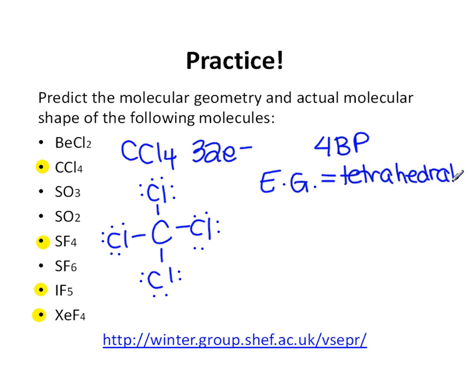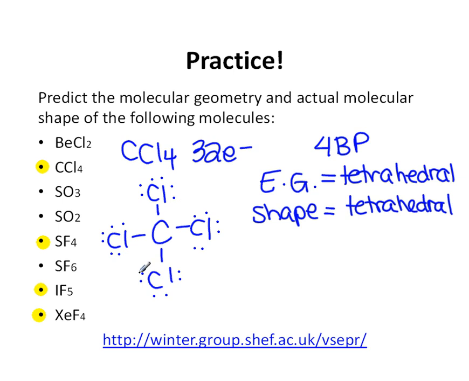So it belongs to the tetrahedral family. Since we only have 4 bonded pairs, our molecular shape is also tetrahedral. So now we know the actual shape and the group it belongs to.